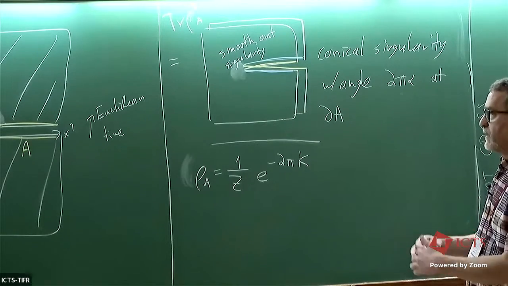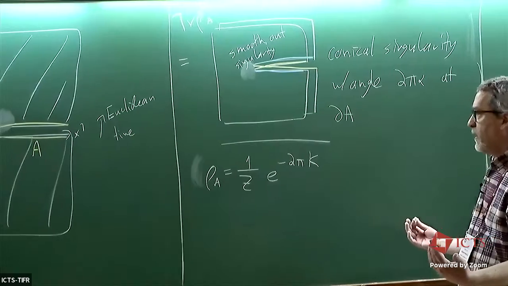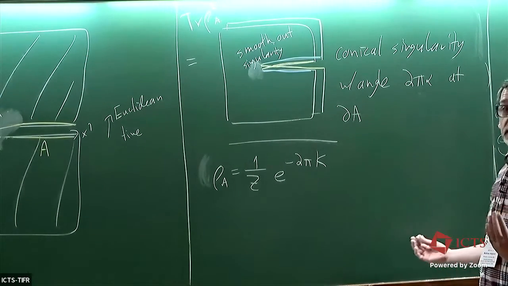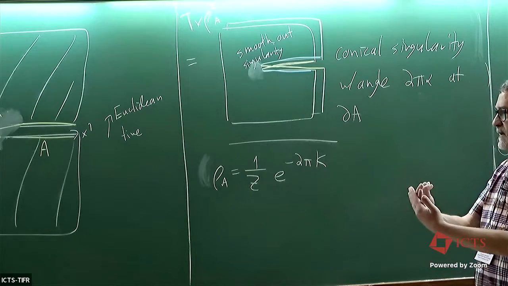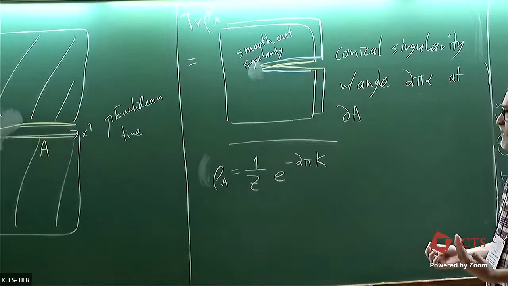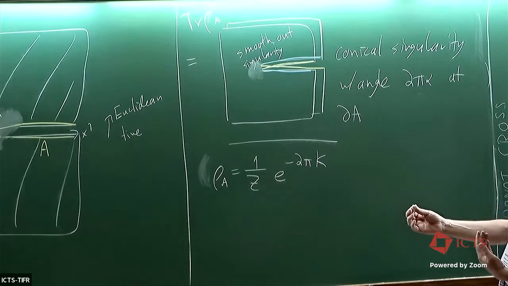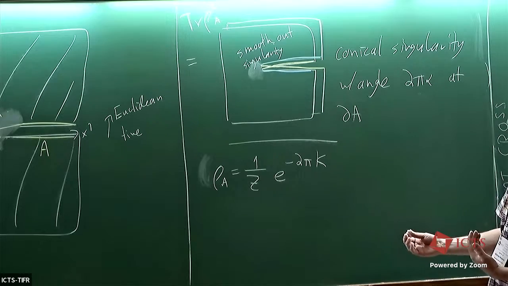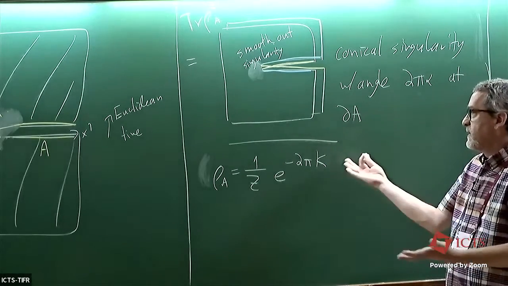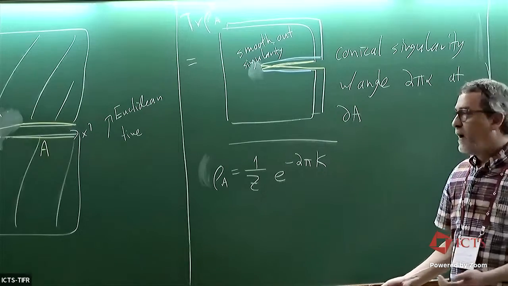If you're really doing Rindler space itself, you have a whole bunch of infinities. One is that this area is infinite. Then there's the UV divergence. So by the time you introduce a cutoff, it's going to depend on the cutoff, basically.